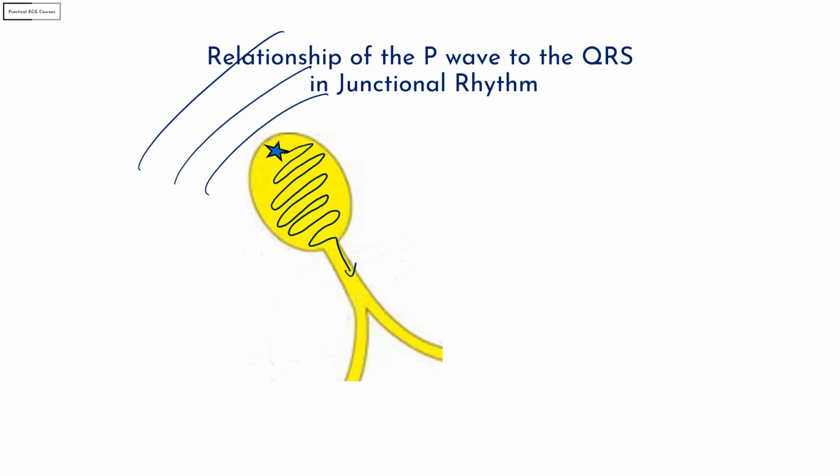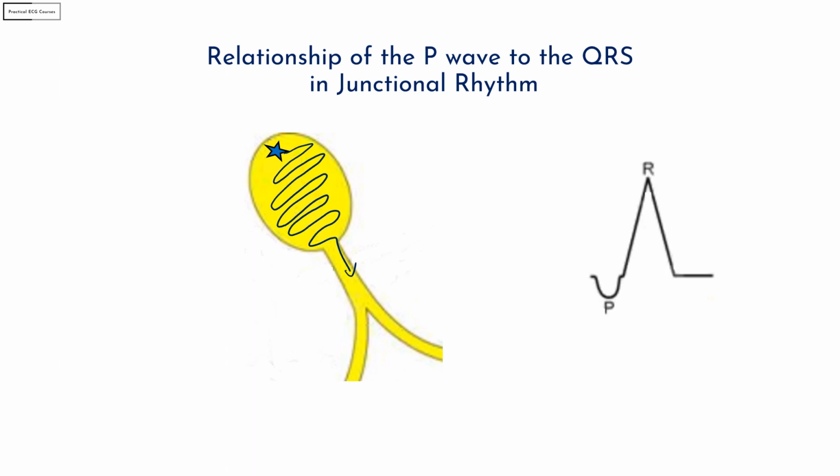And therefore, the ventricular depolarization occurs much later. By then, the atrial depolarization is already over. So what happens here is you see an atrial depolarization occurring first and then a ventricular depolarization. On the ECG, this is reflected as an inverted P wave before the QRS.